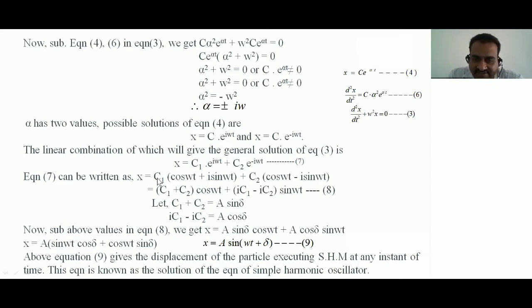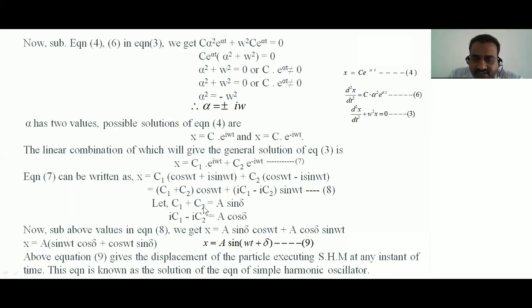Observe here c1 cos omega t and c2 cos omega t, we can take the common factor cos omega t, remaining c1 plus c2, plus i c1 sin omega t minus i c2 sin omega t. So sin omega t is the common factor, remaining i c1 minus i c2. This is equation number 8.